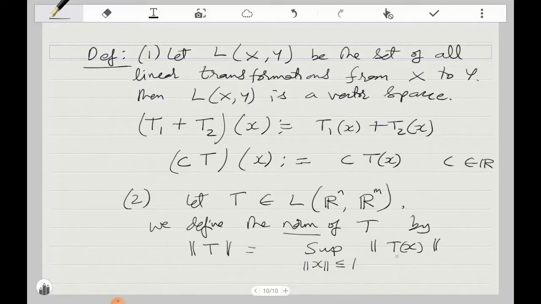They are in two different Euclidean spaces, and the norm of a vector in a Euclidean space is the usual Euclidean or Pythagorean norm. So if x equals (x1, x2, ..., xn), the norm is the sum of the squares of the coordinates, and then the square root of the whole thing. Those are the two norms, in different Euclidean spaces, used on the right hand side.